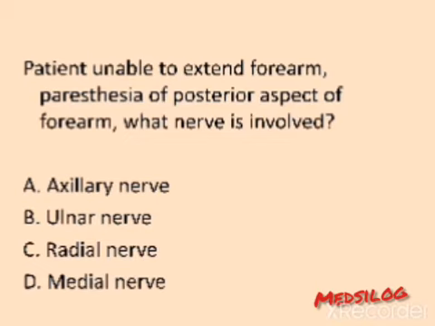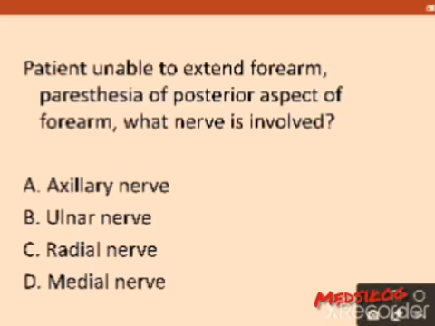Patient unable to extend forearm, paresthesia of the posterior aspect of the forearm. What nerve is involved? Axillary nerve, ulnar nerve, radial nerve, or the median nerve? Your clue in here is unable to straighten or extend the forearm, and there is paresthesia of the posterior aspect of the forearm.